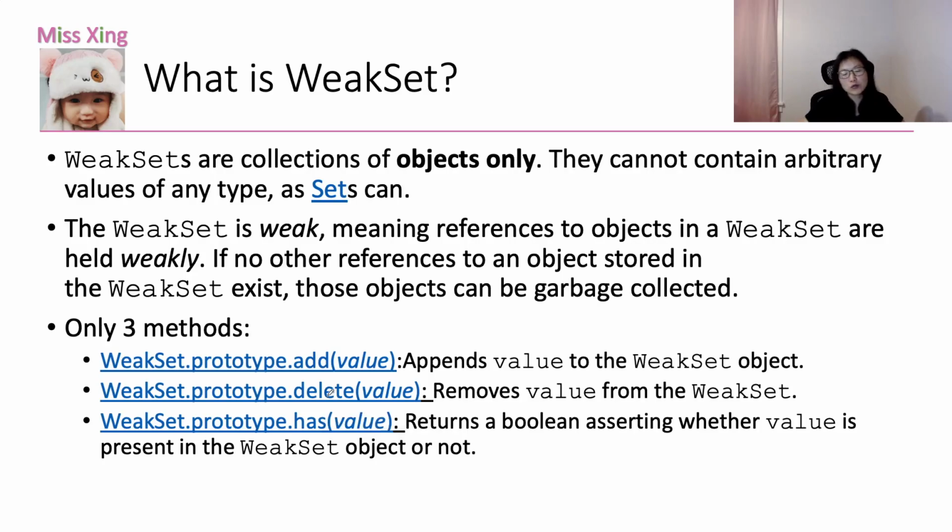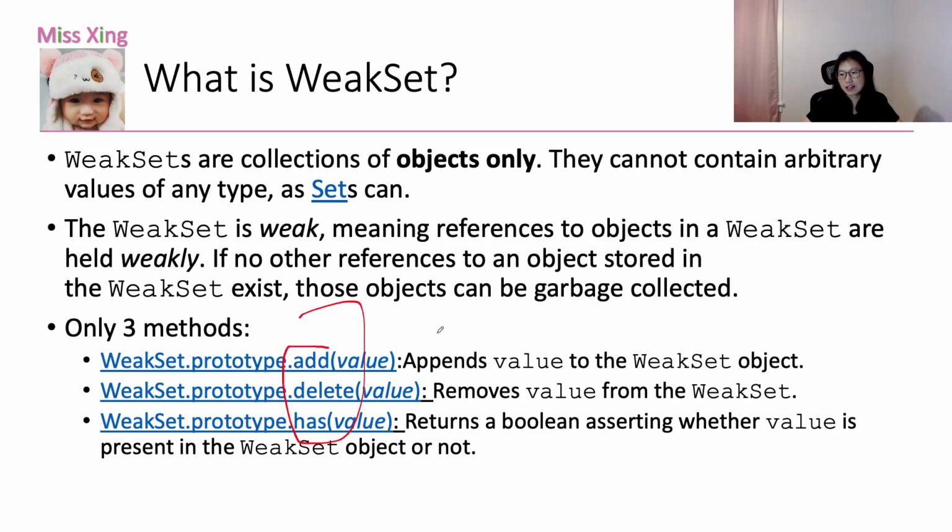You cannot loop to get all the values because it would bring non-determinism, because you don't know when the object is going to be removed by the garbage collector. Sometimes at 1 second you can still find it in the set, and after another second it's been garbage collected. So in a WeakSet, the same as WeakMap, we don't have the looping methods.